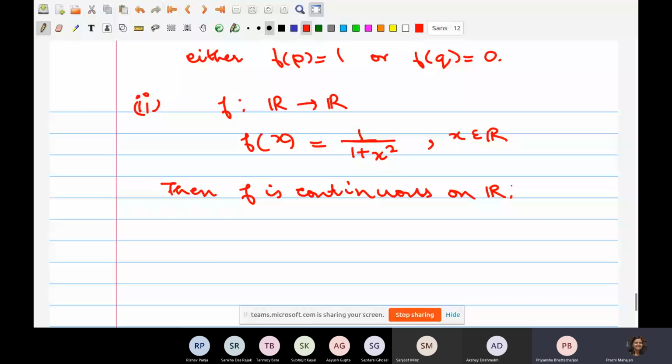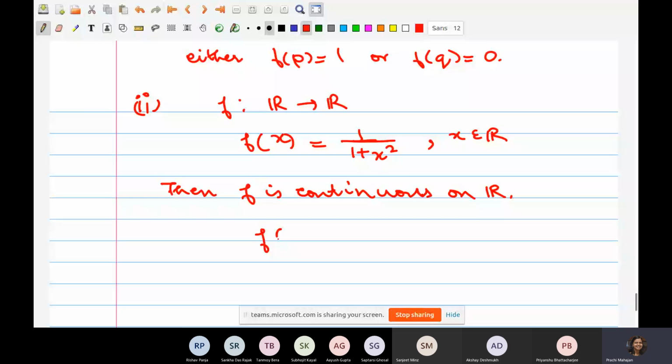Ma'am, because if x takes a value close to 0, then the value of f of x rises to infinity. And even if x is 0, then f is 1, no? Oh, okay, there's no problem, right? In fact, I would like to make the claim that f is bounded, isn't it?